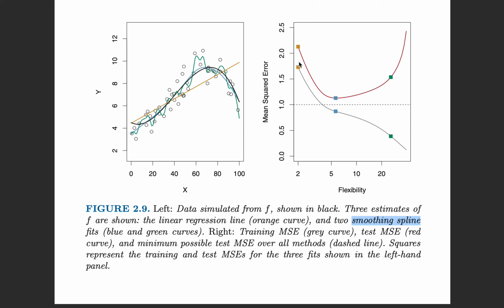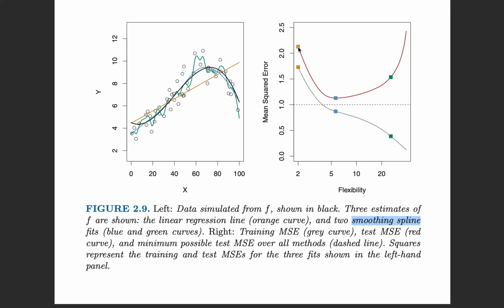On the other hand, this is the test error, which means that if a random data point in this range was picked, let's say here, and then some noise would be added, what would be the performance?